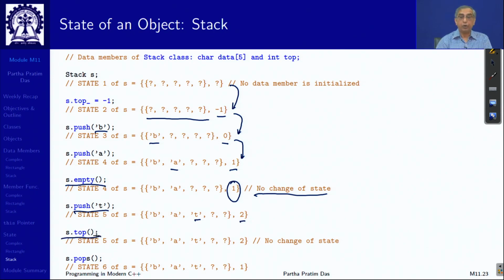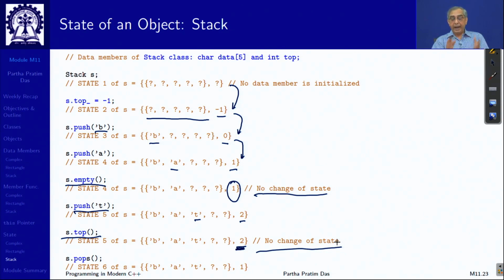Then again we check top, we get the value of top. You have seen earlier in the reverse string and so on. When I get that, I am just reading this value of top, and I am not changing anything in the array or in the top. So again there is no change of state.